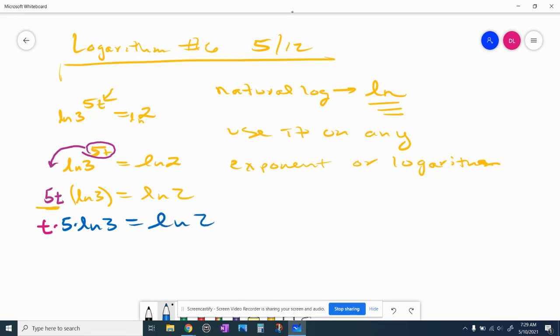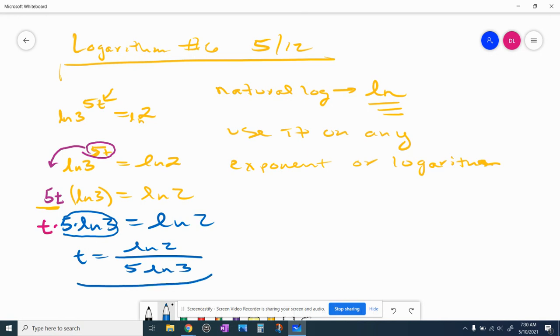So now instead of getting this crazy looking final answer, I'm just going to divide both sides by all of this. So I'm going to say t is equal to the natural log of 2 divided by 5 times the natural log of 3. That's my answer.